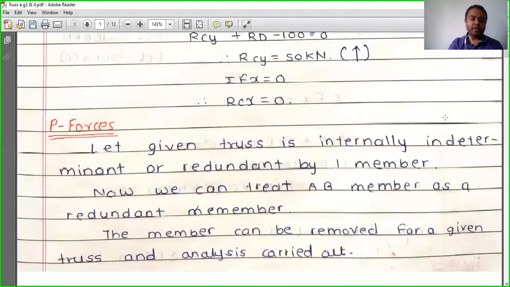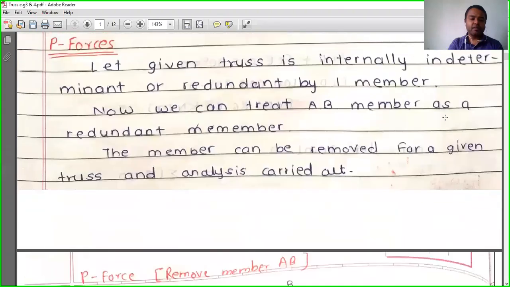Okay, so here once again, just consider the P forces. Just remove this member AB so that the structure will become a determinate structure. So here in this problem, member AB we are going to treat as a redundant member, or you can say unknown member.